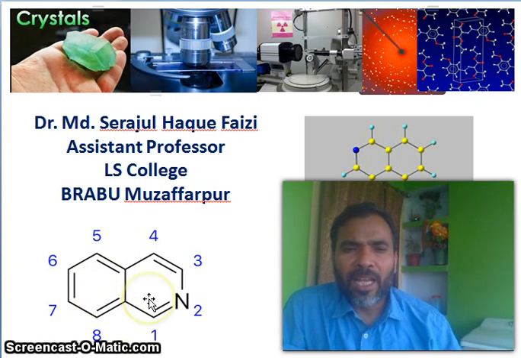Most of the time students are confused about where position one is. Is nitrogen position one, or is carbon position one? So please remember, this is position one. Even though this is an isomer of quinoline and the position of nitrogen has shifted from here to here, you will start numbering on this position, meaning on carbon.